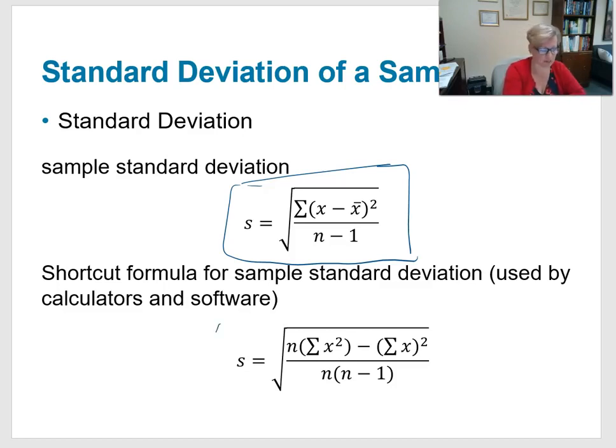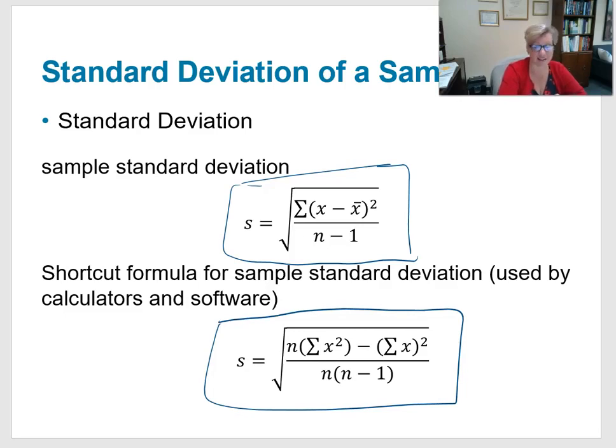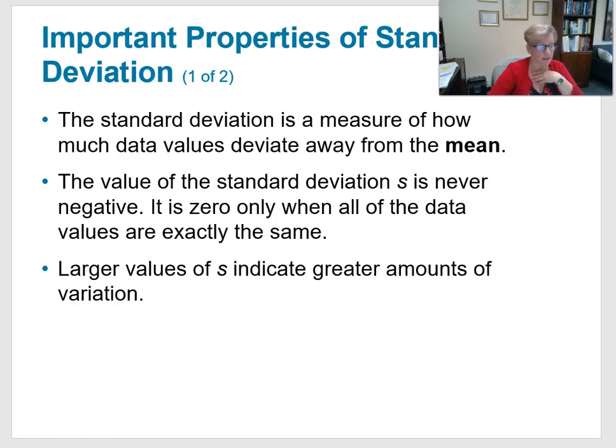So this is the shortcut that Excel and similar tools use, and this is much easier to find on your calculator. I do have a short video that I'm going to show you in a little bit to walk you through. I don't know what calculator you're using. I use the TI-30X just because it's cheap and affordable, and there are so many videos about it on YouTube, so that's the one I prefer to use.